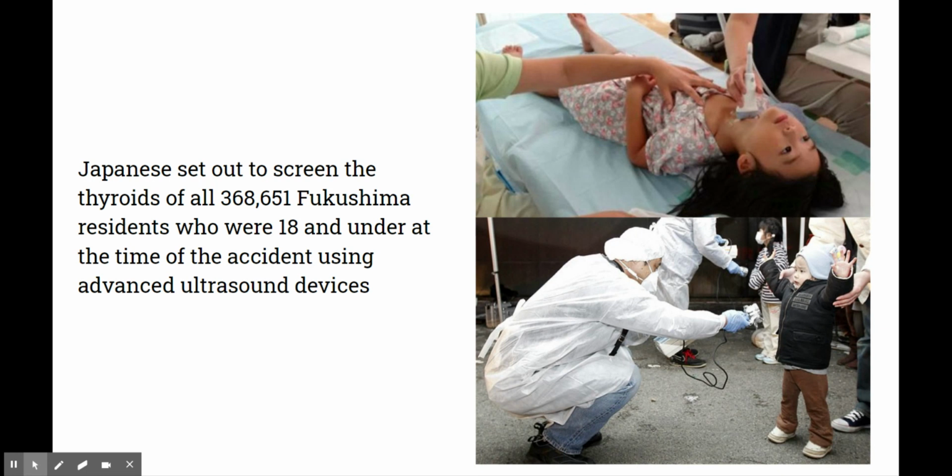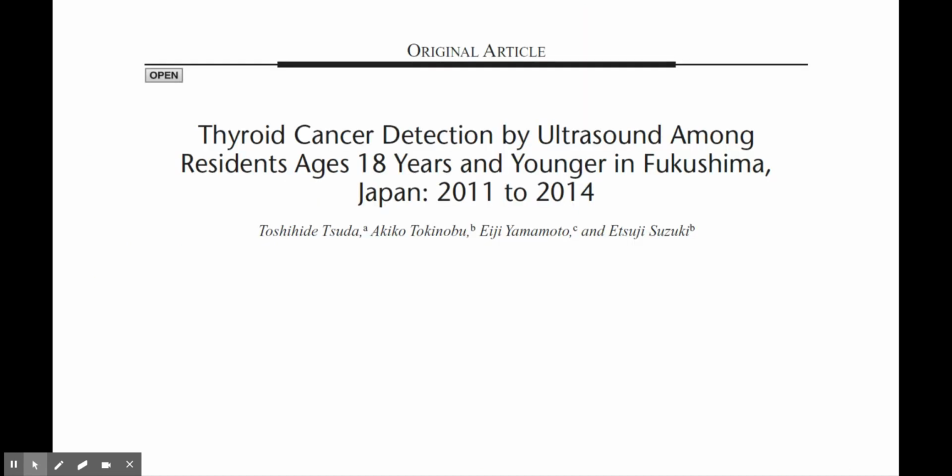So they went out and counted every single person they could, and they tried to detect this thyroid cancer using the most advanced detection methods they had available. And not surprisingly, they found that there was a large spike in the number of thyroid cancer detections in this area. They found that the disaster was associated with this big spike in cases.